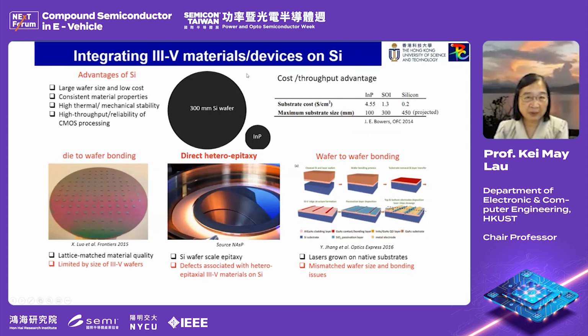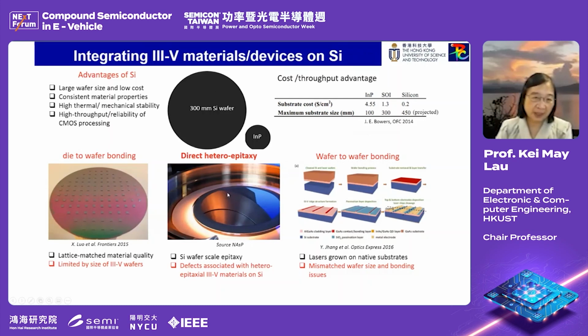As you integrate III-V material devices on silicon, you can do die-to-wafer bonding, you can do direct epitaxy, you can do wafer-to-wafer bonding, and people have been working on these different approaches for quite a long time.